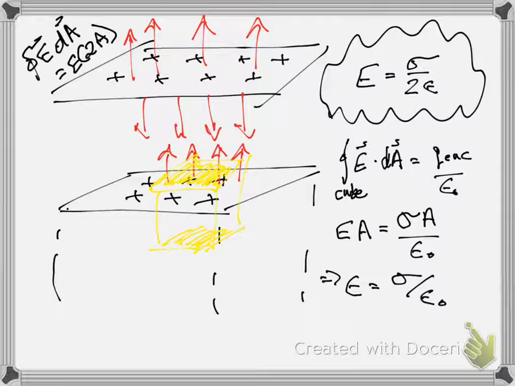So the field near a conducting volume is twice as much as the field near a plane of charge, and that's shown by Gauss's law. I don't think it's obvious at all.